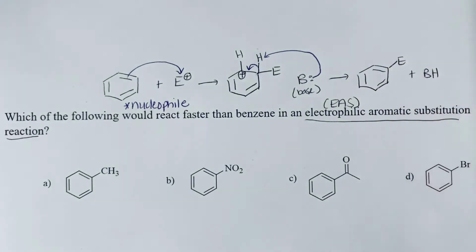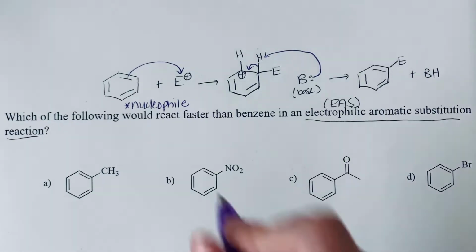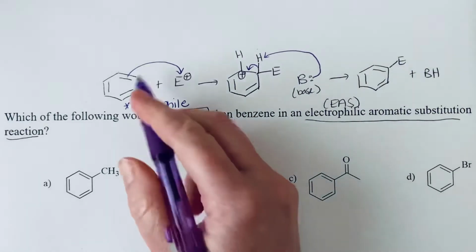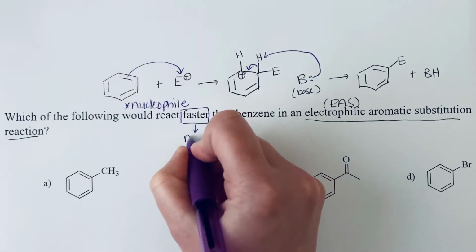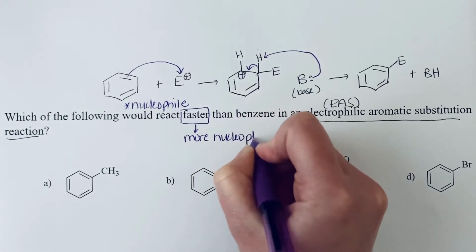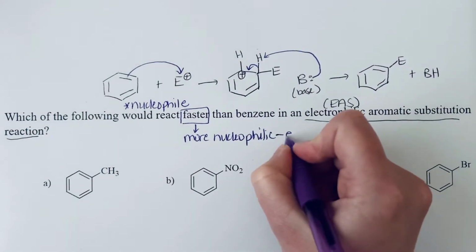And so this is a reaction with benzene. What we're looking at here is what happens when you substitute benzene. So we're looking for something that's going to react faster, which means we're looking for something that is a more powerful nucleophile, so more nucleophilic. So this will happen if you've added a substituent to the ring that is electron donating.